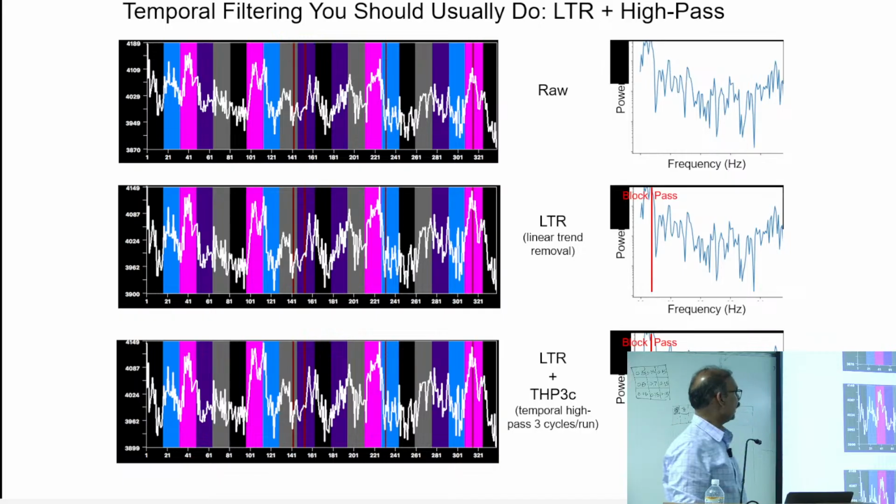So in this case, this is the raw signal, you remove the linear trend, and then this is where you are allowing a specific frequency to pass through and look at how the frequency signal is.